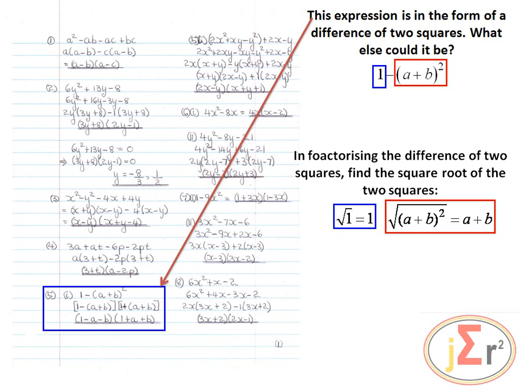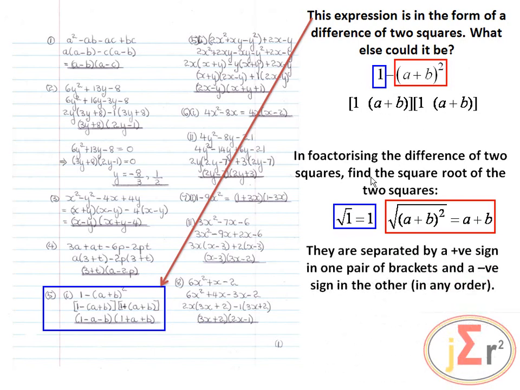So all that is left is this a plus b. We will have them as usual separated by a positive and a negative sign. So we have 1 and the other one is a plus b. We put different signs here, so we are separating them by one a negative, one a positive.